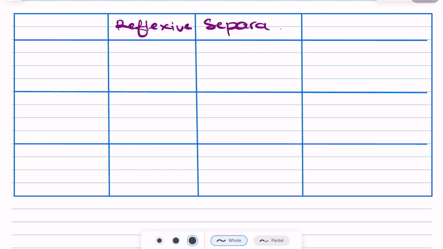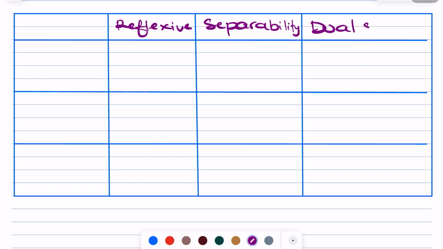Here we have reflexivity, separability, and here we have dual spaces.